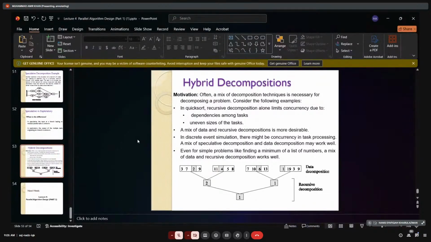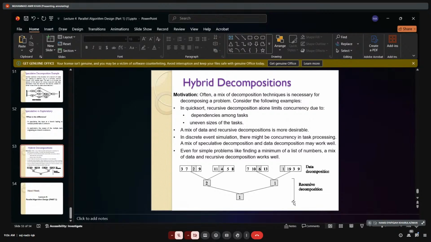For example, here the minimum is 2, and here, for example, the minimum is 1. In the set 7, 10, 6, 13, 1, 19, 3, 9, the minimum is 1.